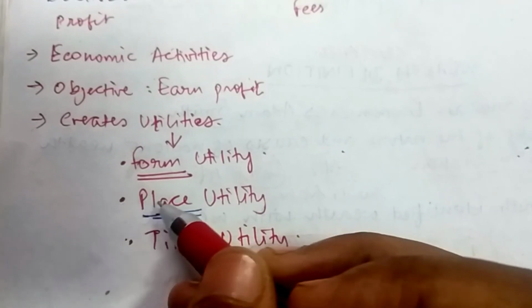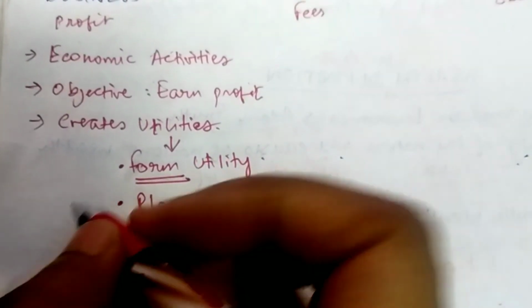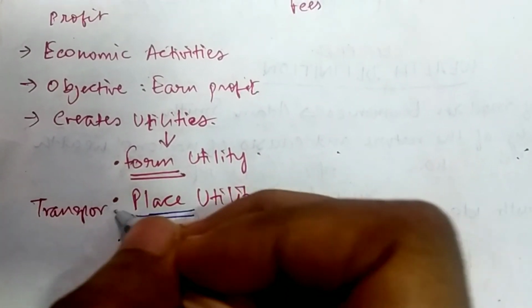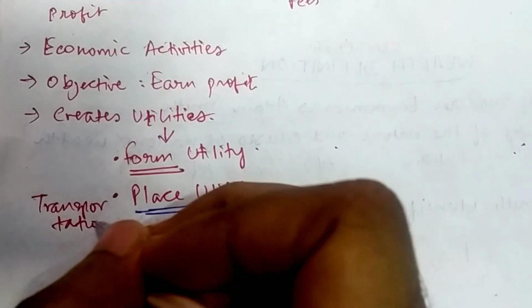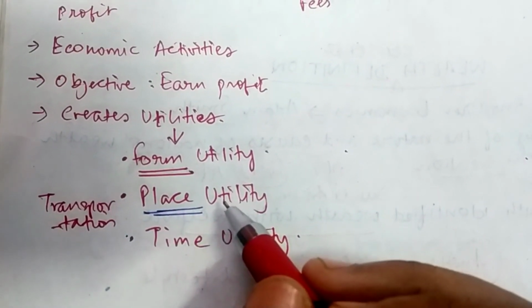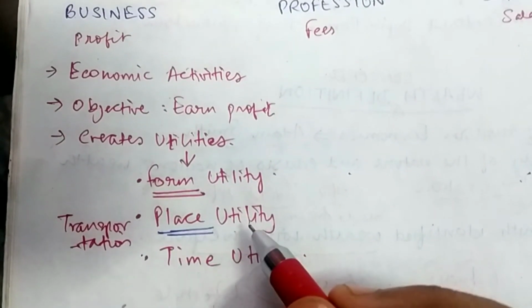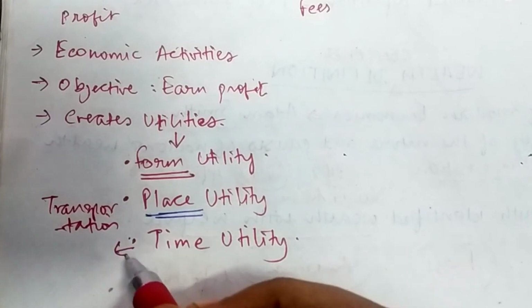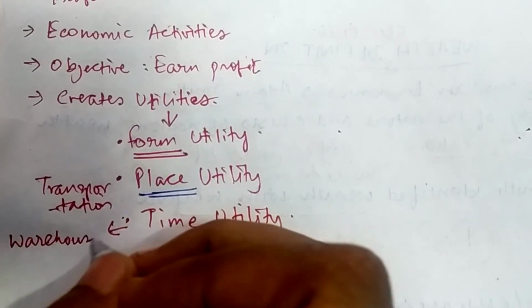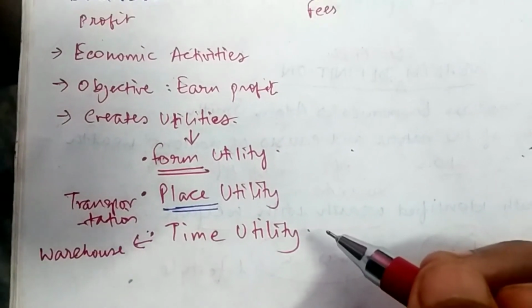Okay, the place utility is created by transportation. By transporting, that is, by changing the place of a product, utility is being created. How does time utility get created? By whom? By the warehouse. By keeping the product in a warehouse.